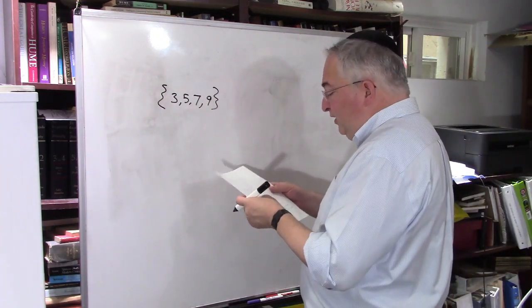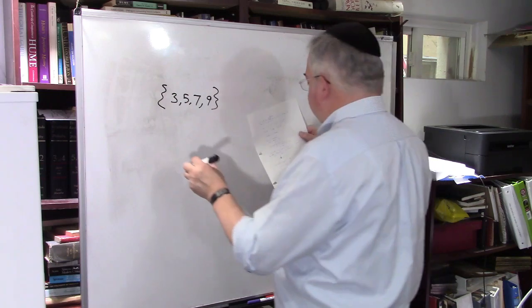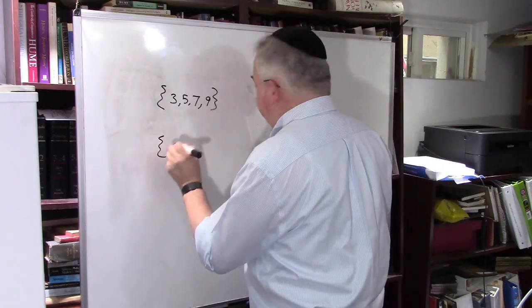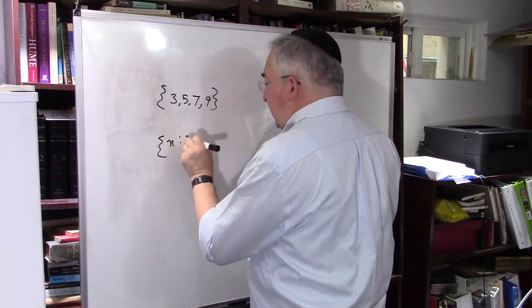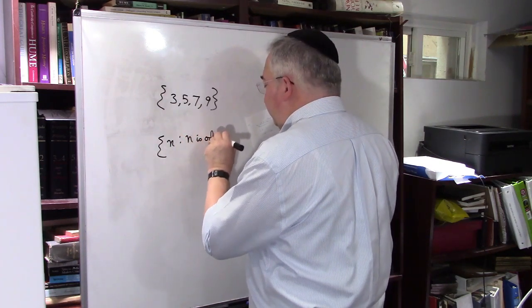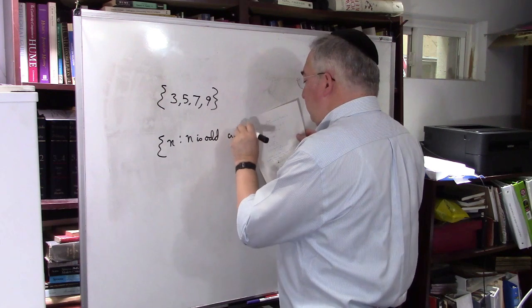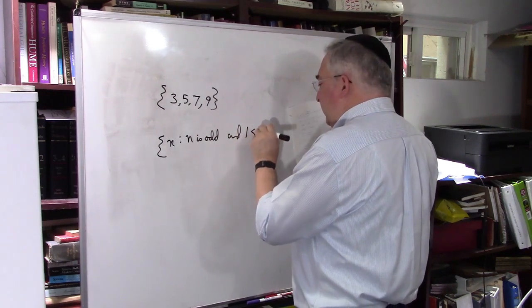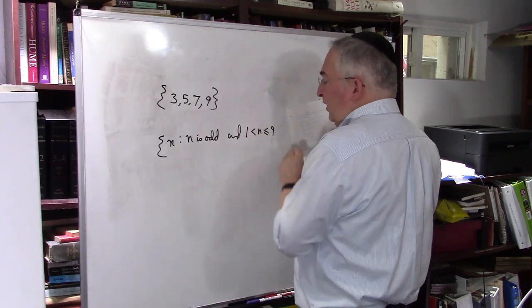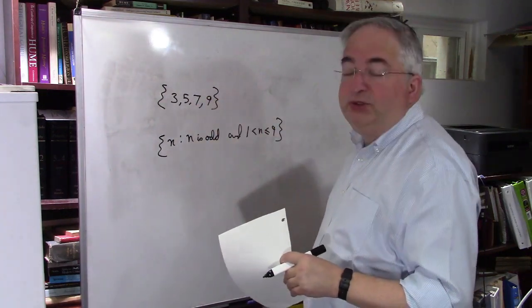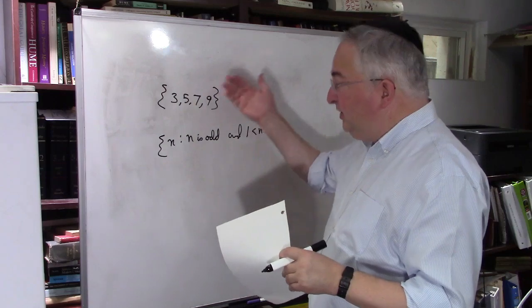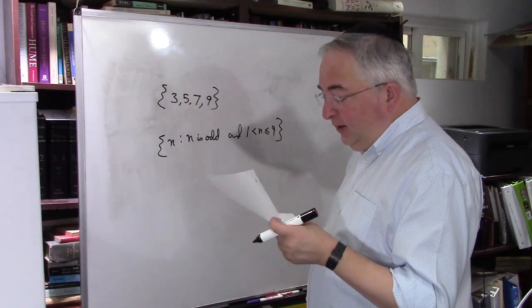Okay, another thing we can do is we can describe the set. So instead of this, we can write n such that n is odd and 1 is less than n, which is less than or equal to 9. Okay, so this is one of many possible descriptions of that set. So again, we can list a set or we can describe a set.